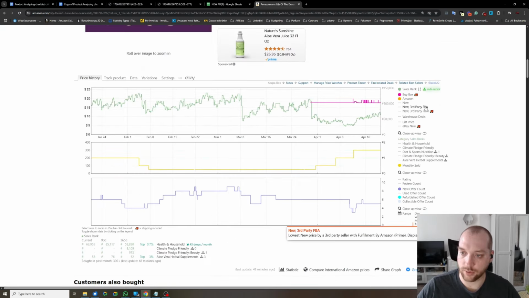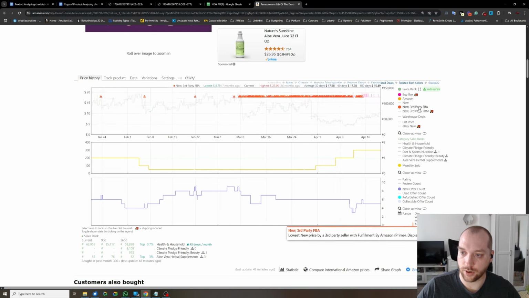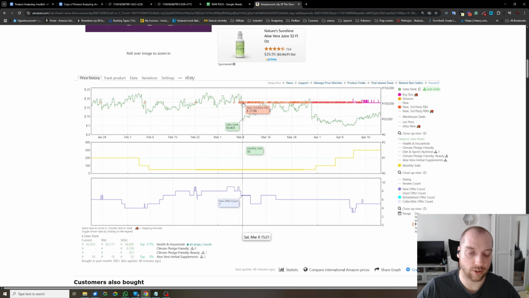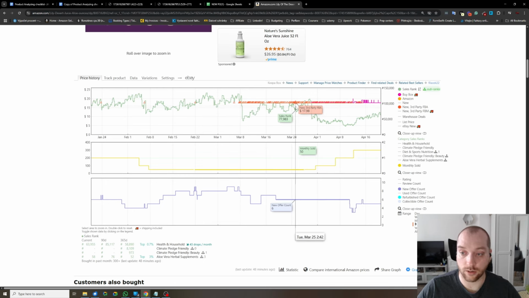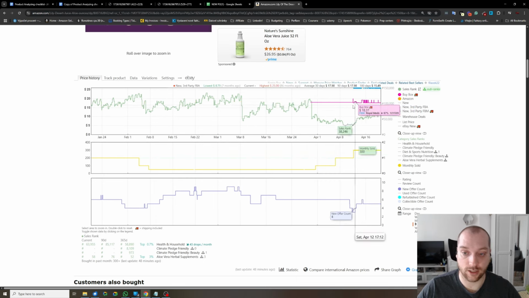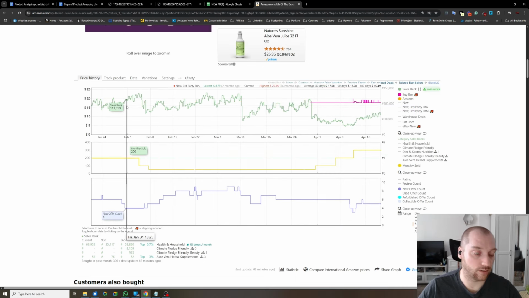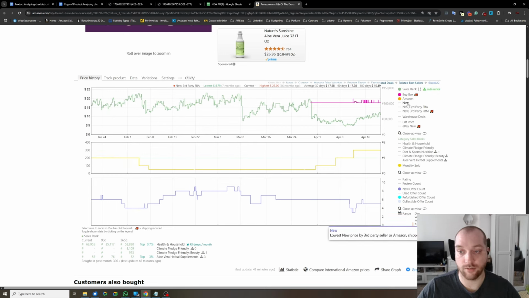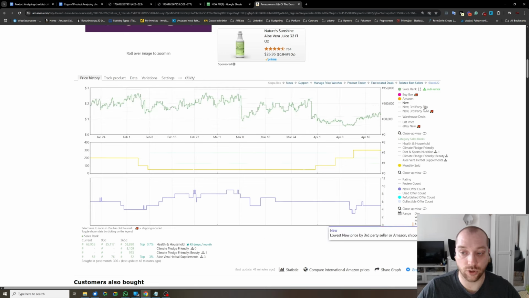But if I open something like new third-party FBA, these triangles show Amazon sellers and their price, right? This is another thing you can do. But since it's not stable enough and it's usually suppressed, and there's a chance it becomes suppressed again, I would not risk it.